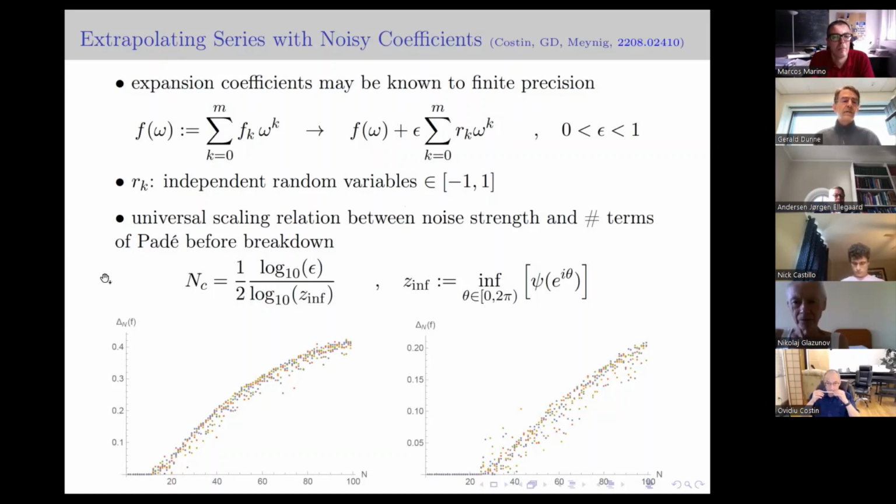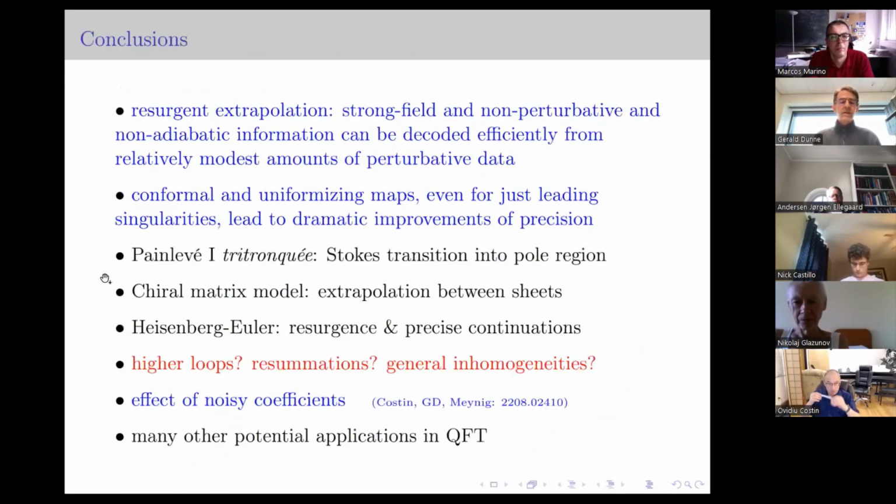So that's not the full answer to your question, but it's a partial answer that indicates that this really needs to be studied in more generality. What's the interaction of lack of precision with all of these operations?